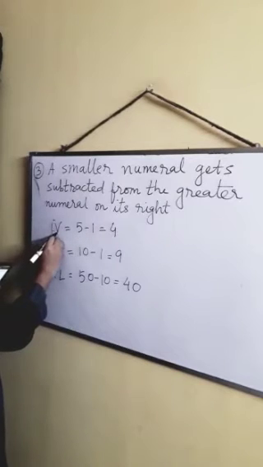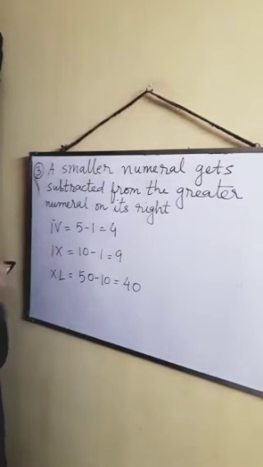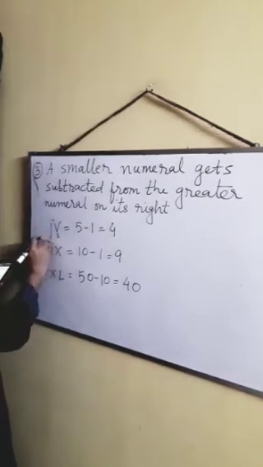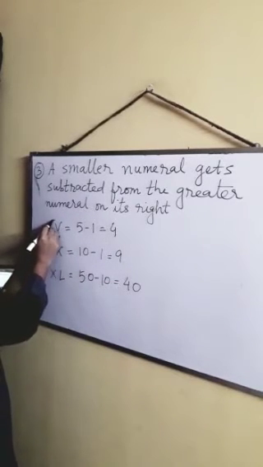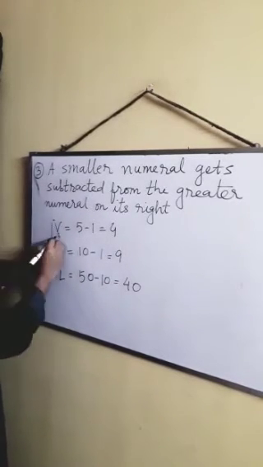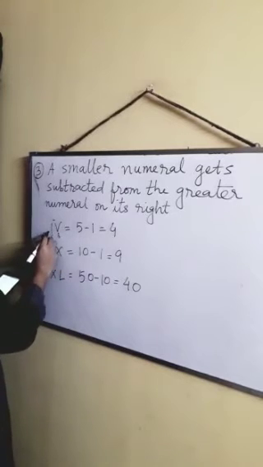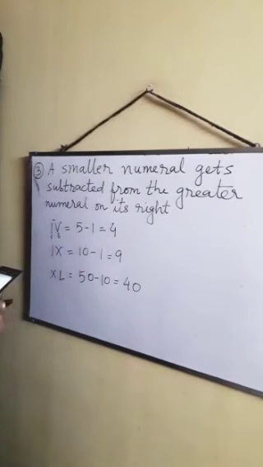So here is the big number, here is the small number. The big number is on the right side of the small number, so the small number will get subtracted from the big number. So the big number is 5 minus 1, that is 4.